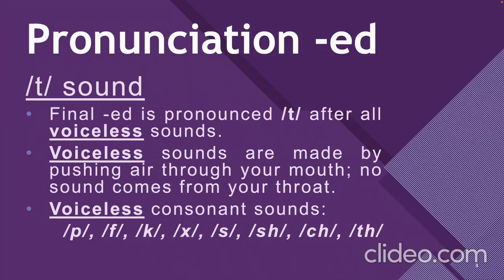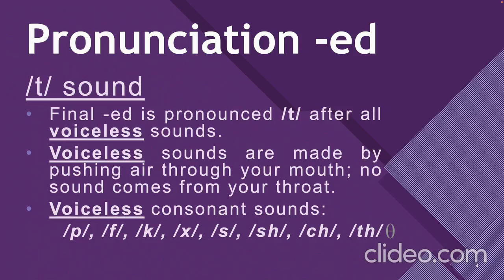Final ed is pronounced T after all voiceless sounds. Voiceless sounds are made by pushing air through your mouth. No sound comes from your throat. Voiceless consonant sounds are P, F, K, X, S, Sh, Ch, and finally the theta sound.